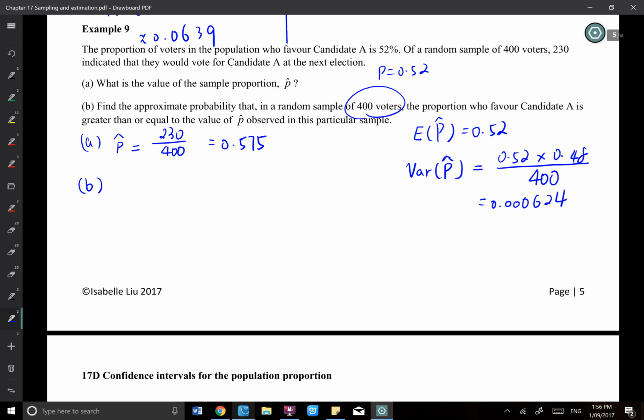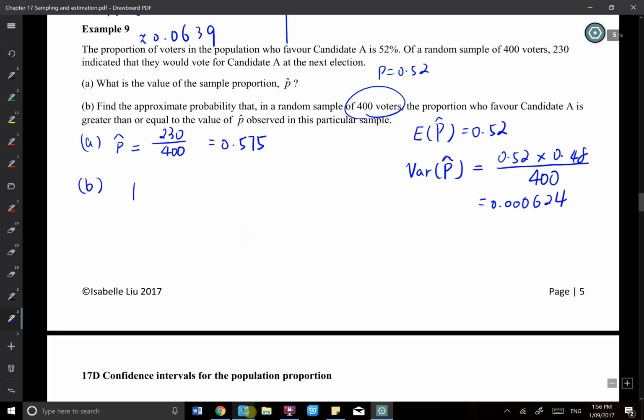Okay, B says find the approximate probability. They treat the binomial as the exact, and the normal as the approximation. So find the approximate probability that among 400 voters the proportion who favor candidate A is greater than or equal to the observed p hat in this particular sample.